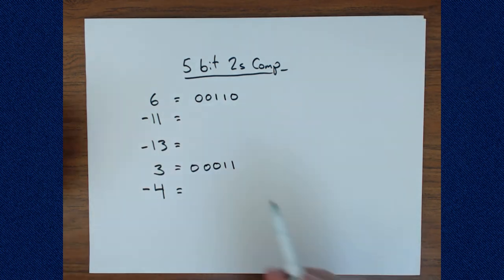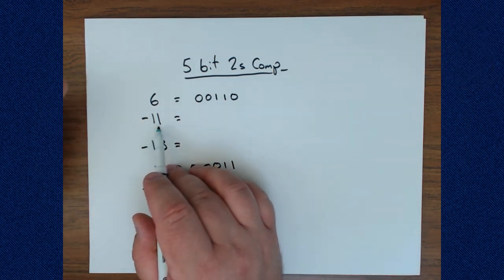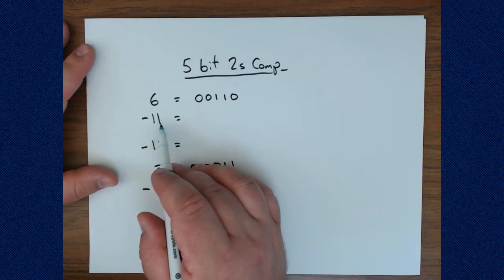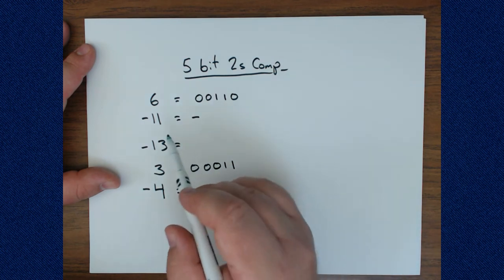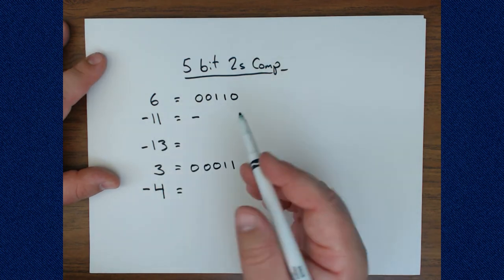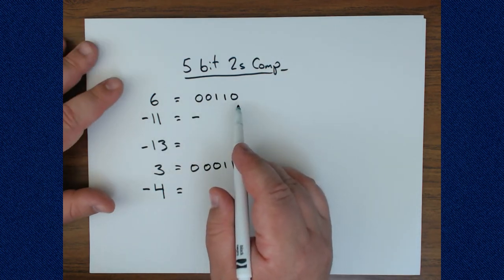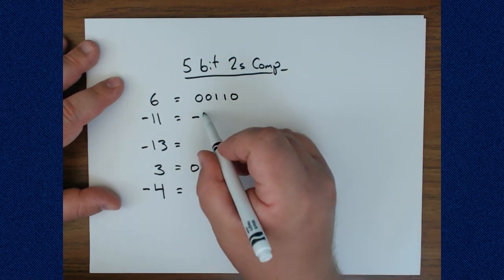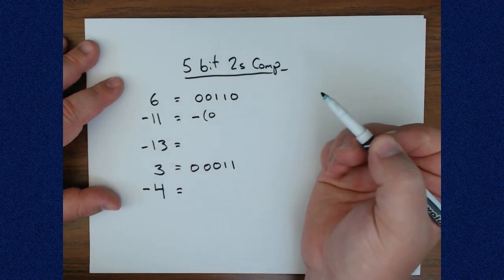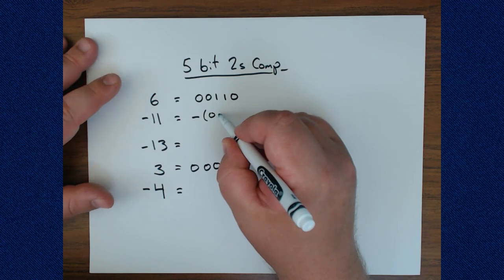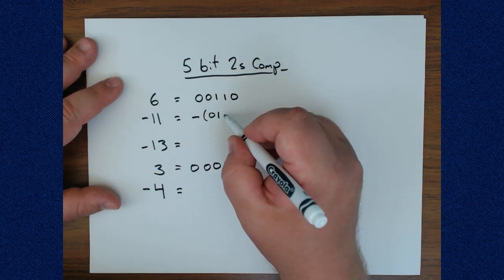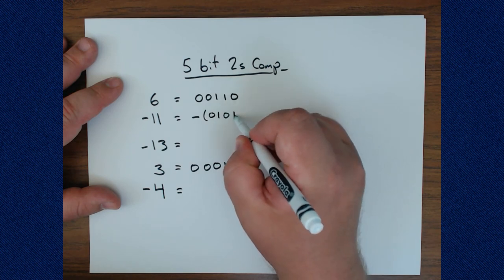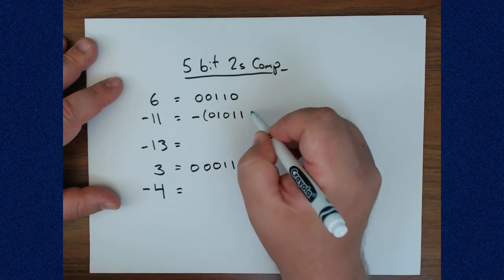So, in the case of negative 11, what I'm going to end up doing is negating the bit pattern for 11. So what is positive 11 in 5 bits? Well, it's not 16, and there is an 8, and now it's not going to be a 4. It'll be 8 plus 2 is 10, plus 1 is 11.